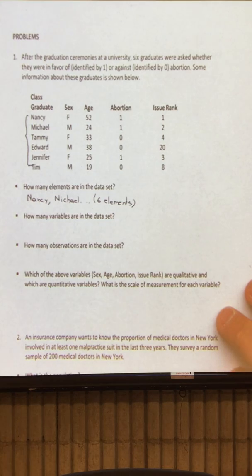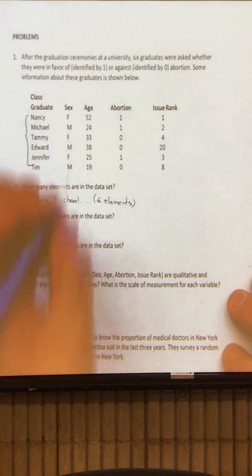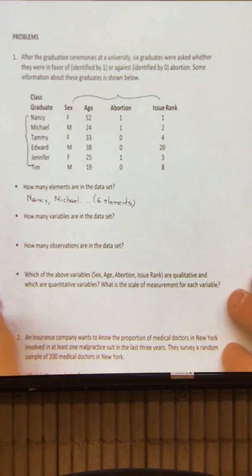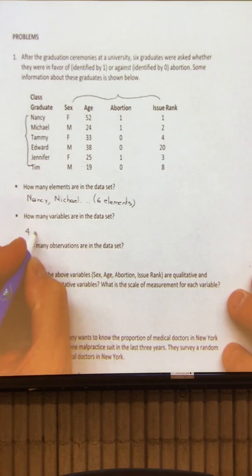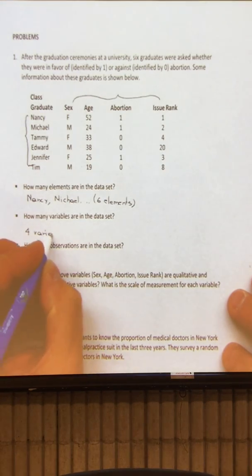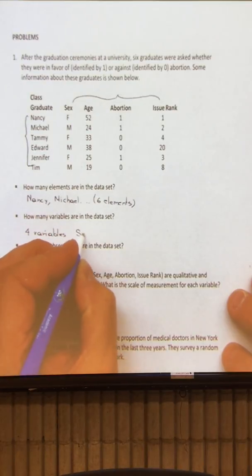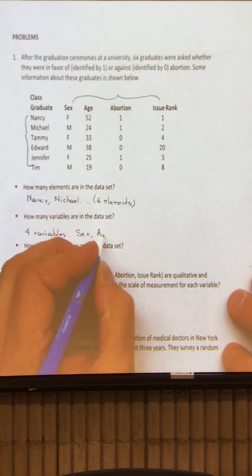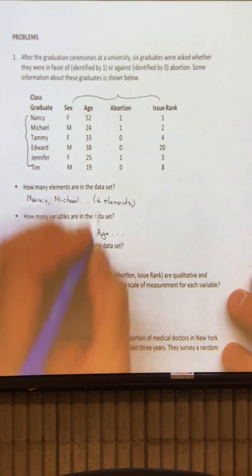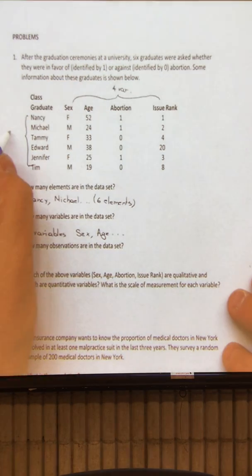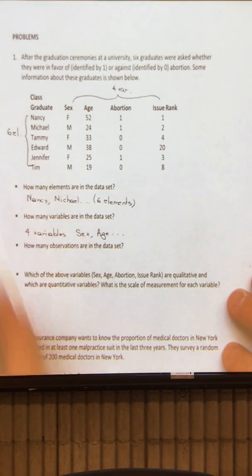How many variables do we have in the data set? We have 4 variables. So these 4 variables will be sex, age, and so on. So these are the 4 variables, and these are the 6 elements.